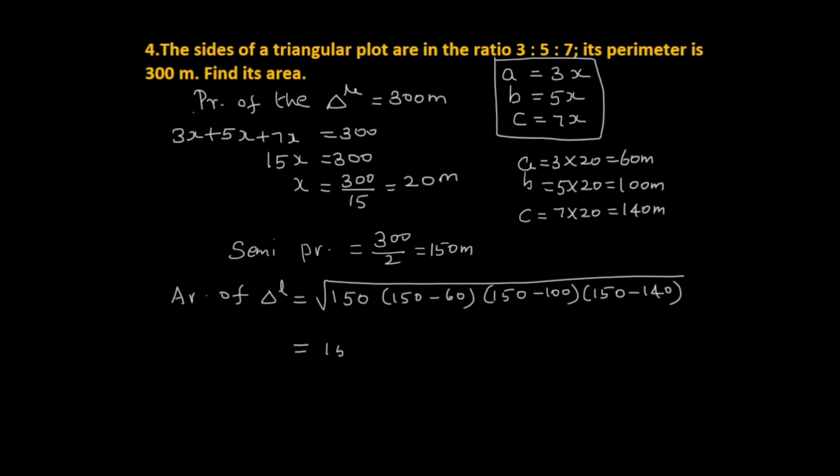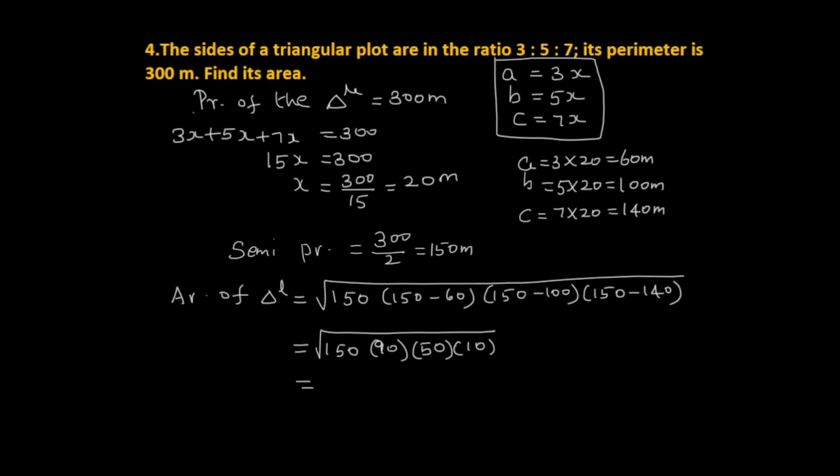Now 150 into 150 minus 60 is nothing but 90. Then 150 minus 100 is 50. 150 minus 140, 10, everything under the root.